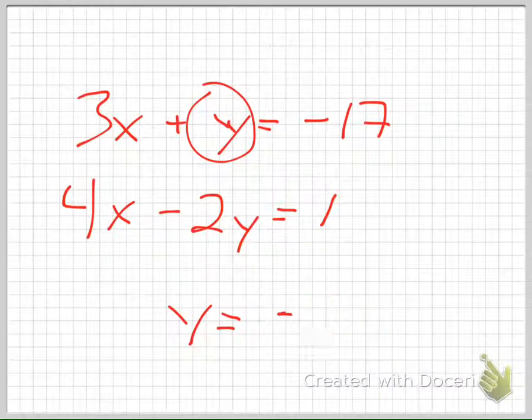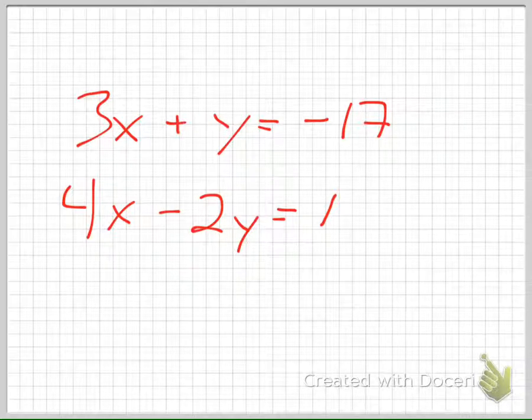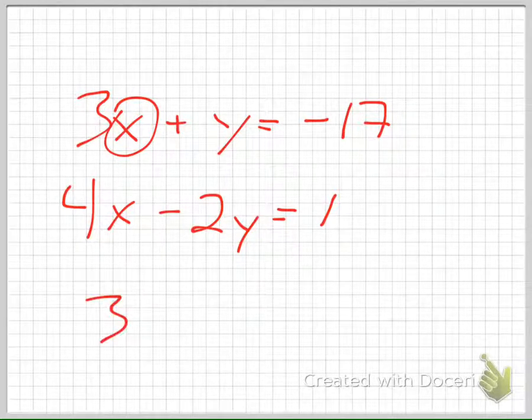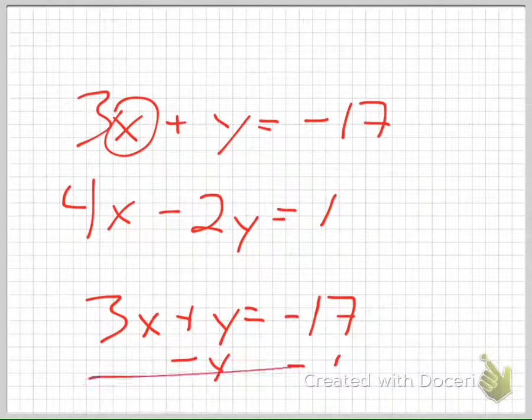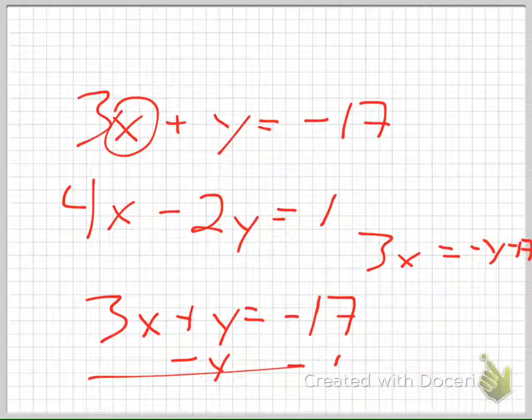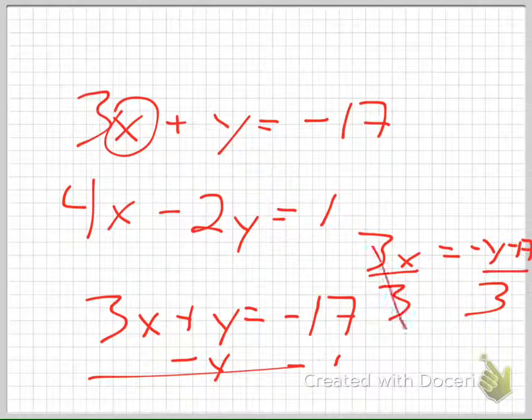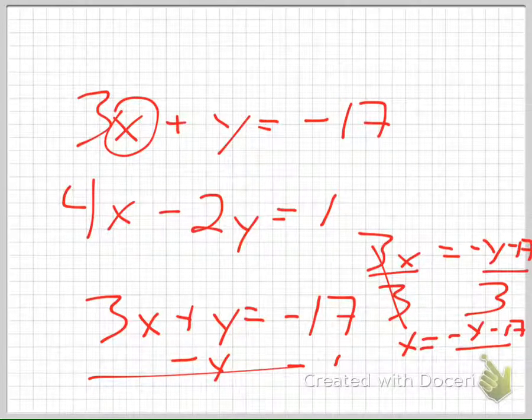I could absolutely solve for this x, but then to solve for that x, I go, okay, 3x plus y equals negative 17. Minus y, I now have 3x equals negative y minus 17, and I divide both sides by 3. x equals (negative y minus 17) over 3.